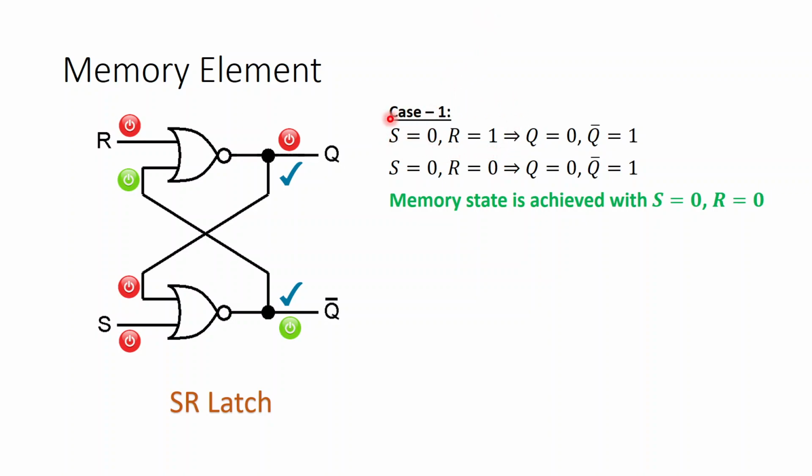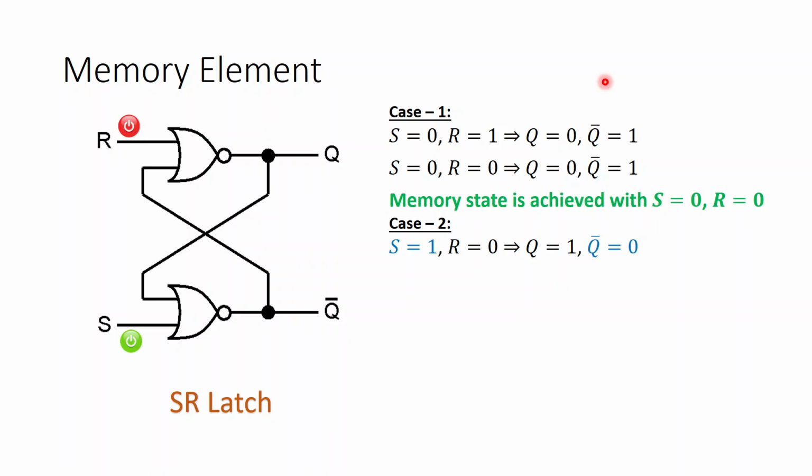Starting from S equals 0, R equals 1, you have got Q equals 0, Q bar equals 1. Now if you give S equals 0, R equals 0, you will achieve the memory state. But does it happen the same way when we start from S equals 1, R equals 0? Let us see.